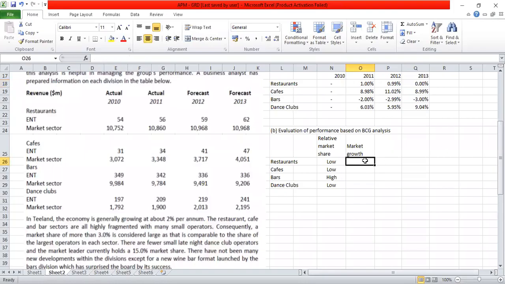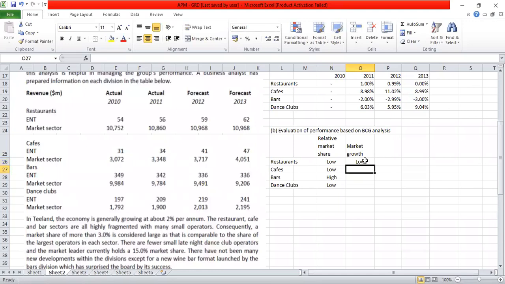That's what is mentioned. So if the economy is growing at 2% per annum, the divisions also should grow at the rate of 2%. If they are not growing at the rate of 2%, there is a problem. Now for restaurants, it is only 1%, and there is no growth percentage in 2013. So this one is also on the lower side.